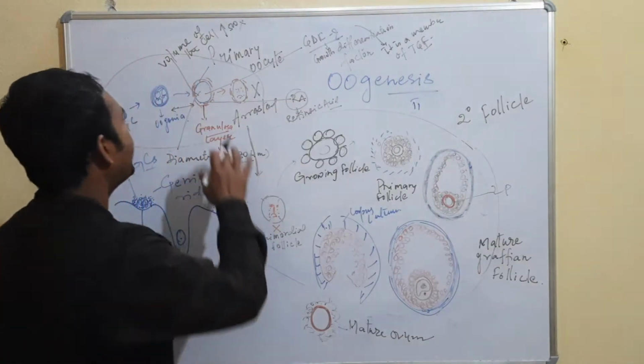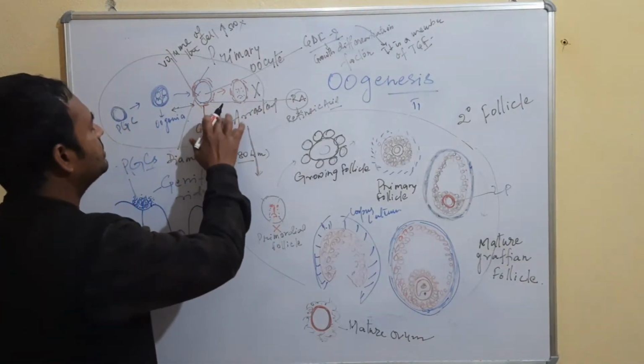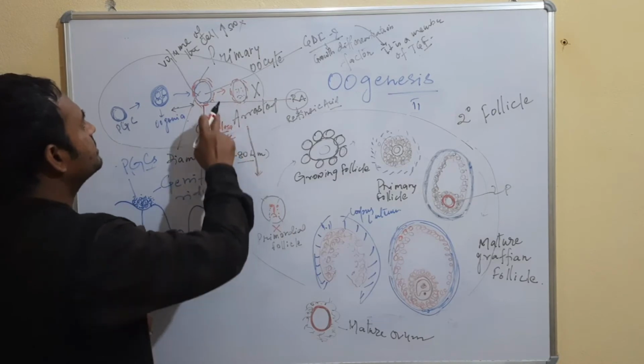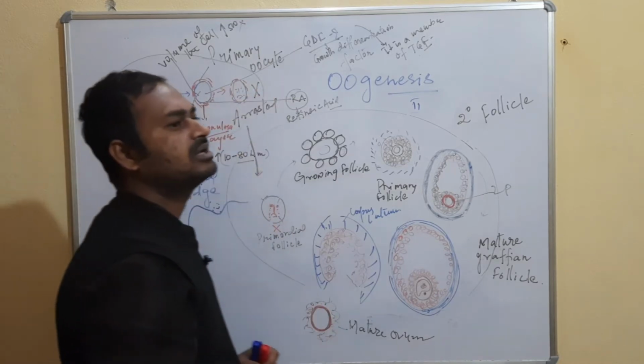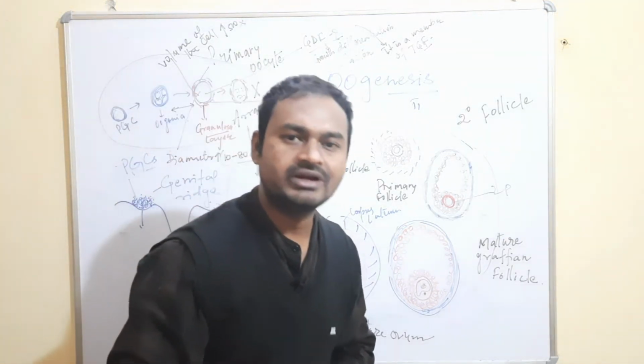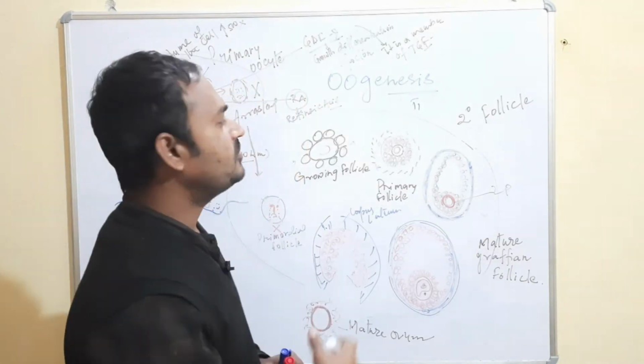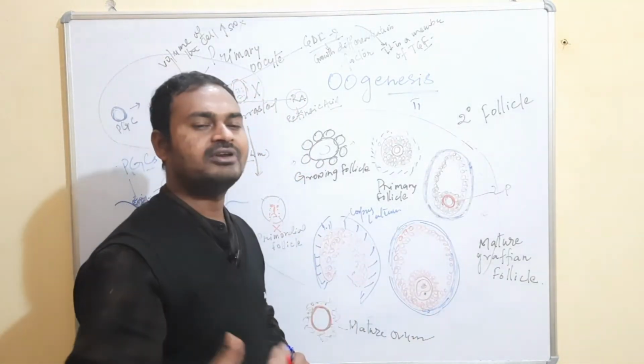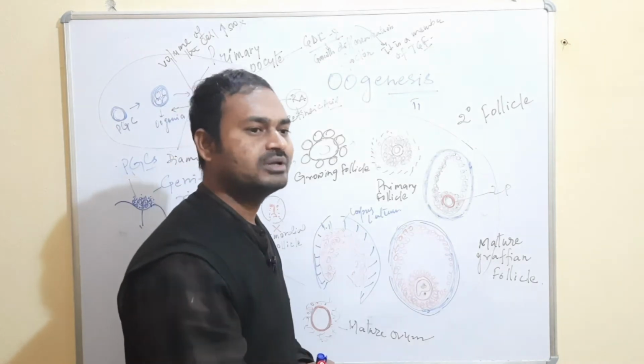So at this stage, the primary oocyte will undergo the meiotic division. RA lets the cell undergo meiotic division.